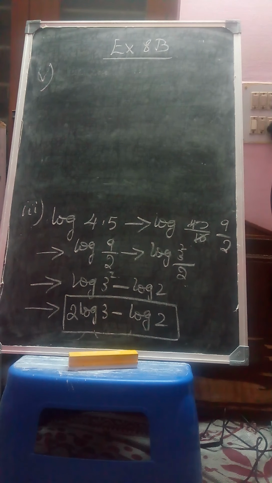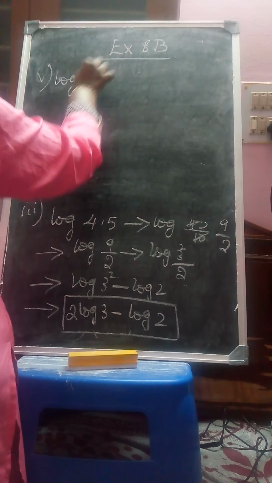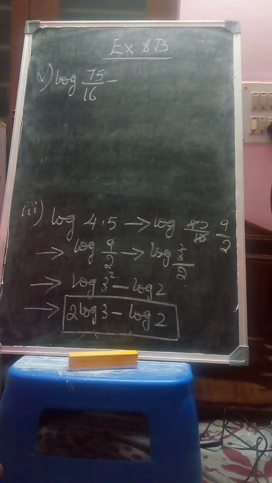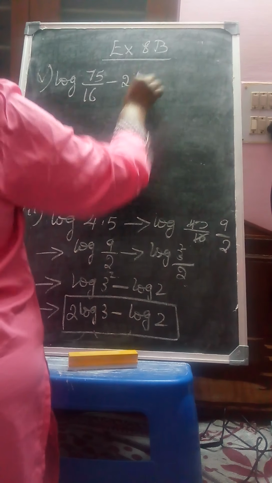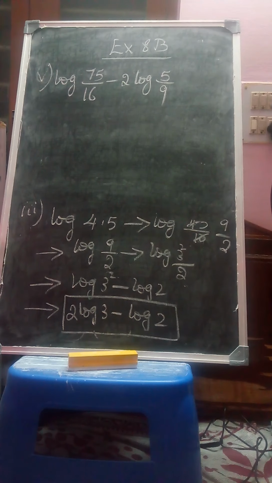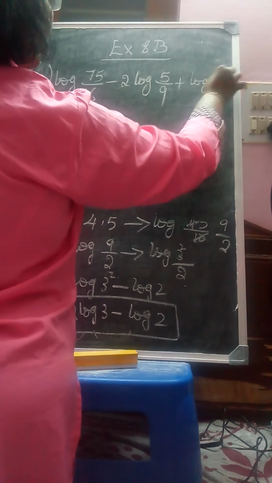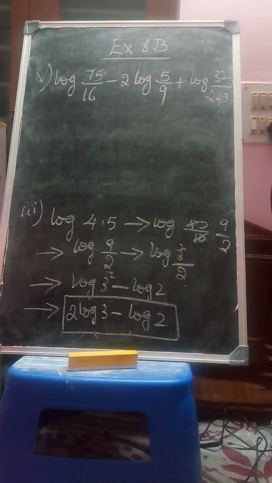It says log 75 by 16 minus 2 log 5 by 9 plus log 32 by 243, like this.